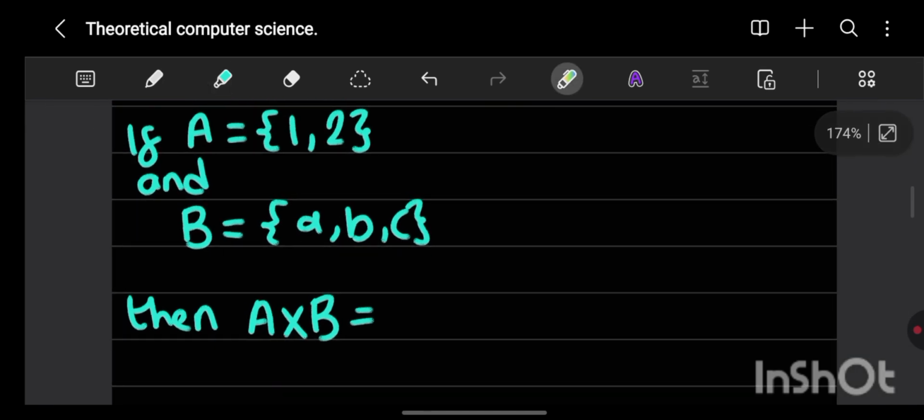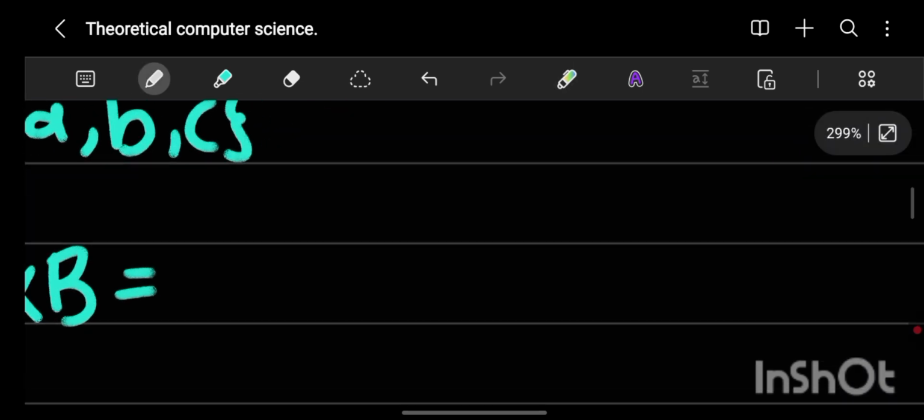So if you think of ordered pairs, you'd have to go 1 with A, and then 1 with B, and then after that 1 with C, right? So you're going first element, and then you're multiplying it with whatever is in B. So whatever is in B is going to be the second element because you're taking A first and multiplying with B. Secondly, you would have 2 and A, and then 2 with B, and then 2 with C. So I'm just going to write it quickly.